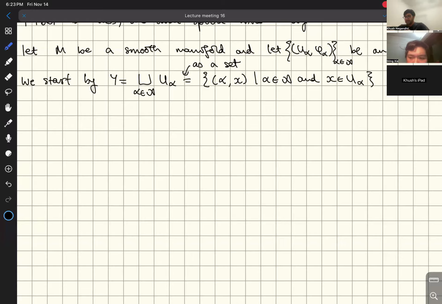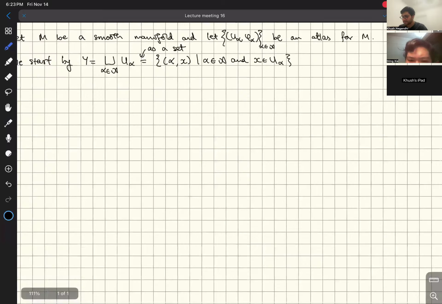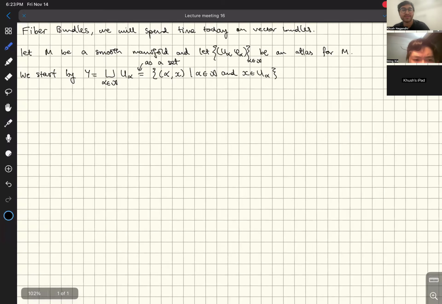Now, we have stacked up all these open sets together, but there's no way for me to recover M from here. Let me word this slightly better. Now that I've stacked them all together, I need a way to glue them together.